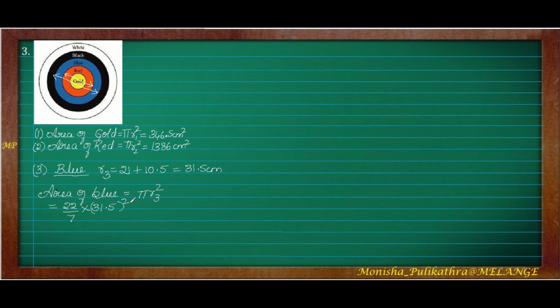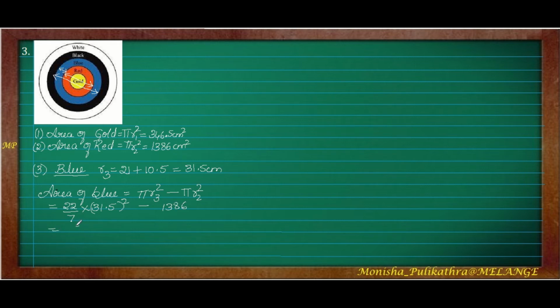whole square. But we know that in order to find the area of only this part, we have to subtract the entire blue by the red area. So we have to subtract the previous area, that is minus 1386.